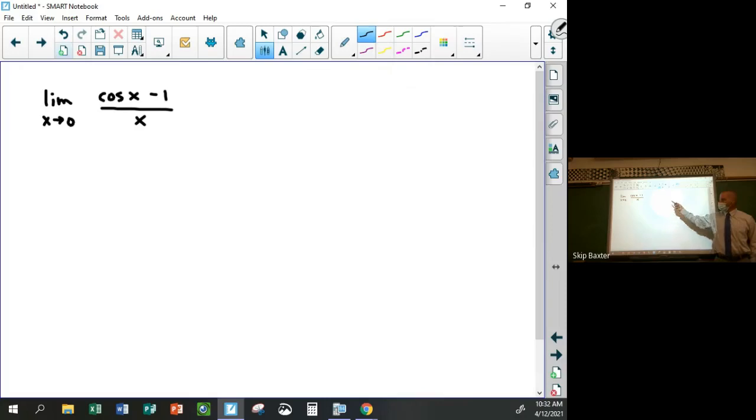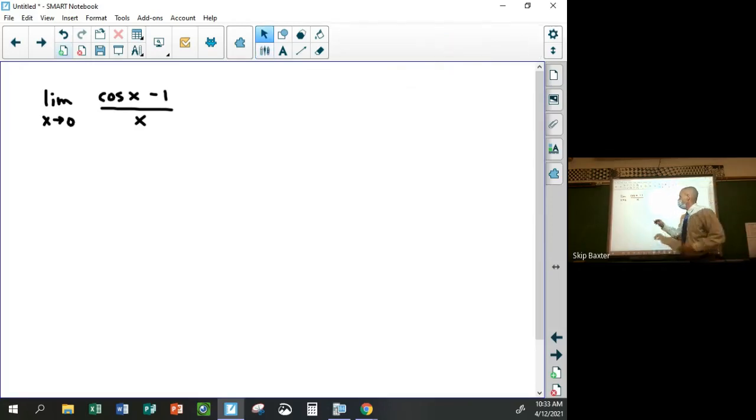So if I plug in 0 here, I get 1 minus 1 on top, definitely 0, and I get 0 on the bottom. Same situation, 0 over 0. I know there's a hole in the graph, and there's nothing algebraically I can do to this. I can't do factoring, there's no complex fraction to get rid of, there's no rationalization that would make sense here. So again, I'm just going to look at the graph of the function.